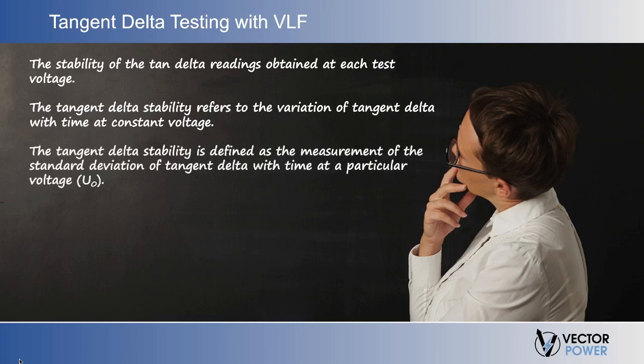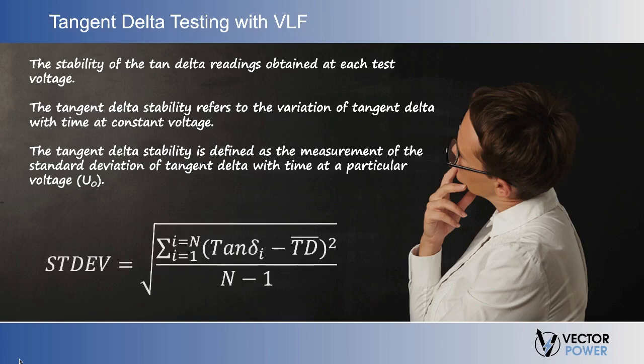The tan delta stability is defined as the measurement of the standard deviation of tan delta with time at a particular voltage, or U0.